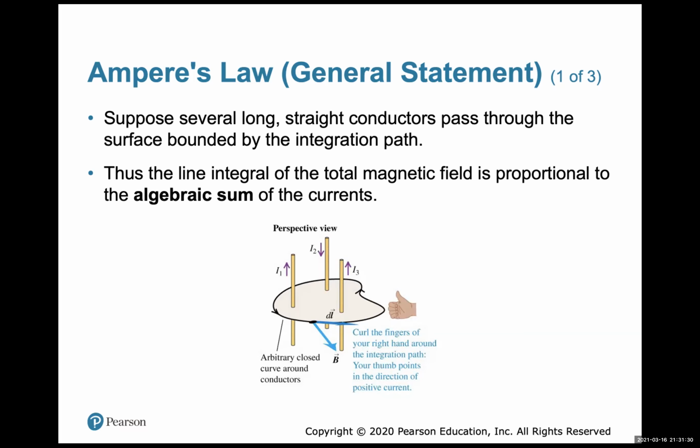So we say the net electric flux through a closed surface. Here I'm talking about the net magnetic circulation around a closed path. Here is apparently only related to the amount of current passing through the surface bounded by the path.